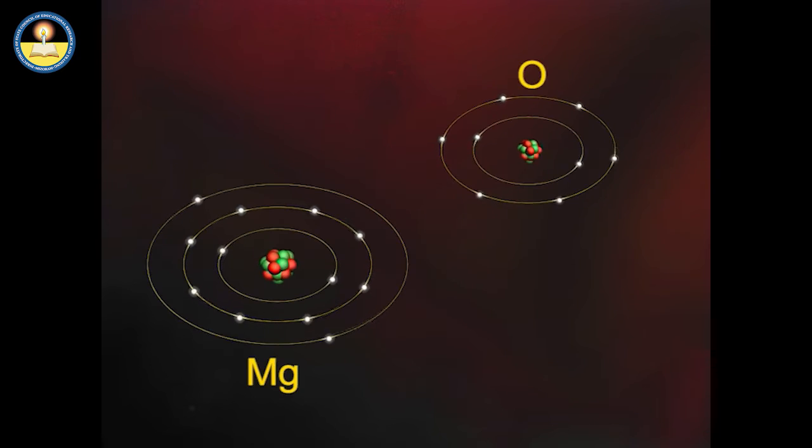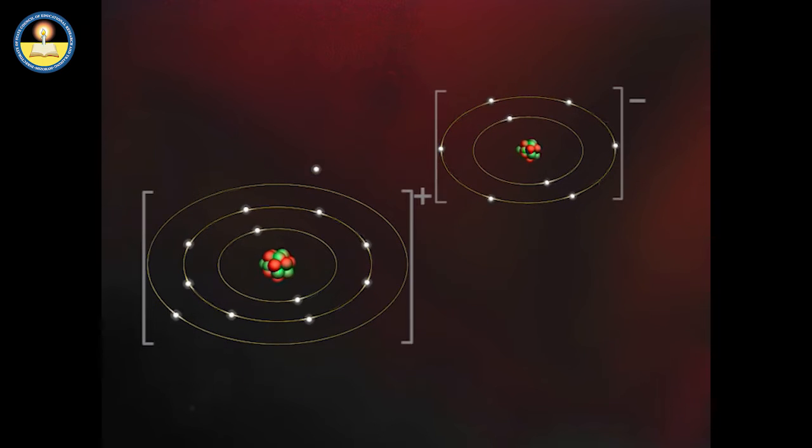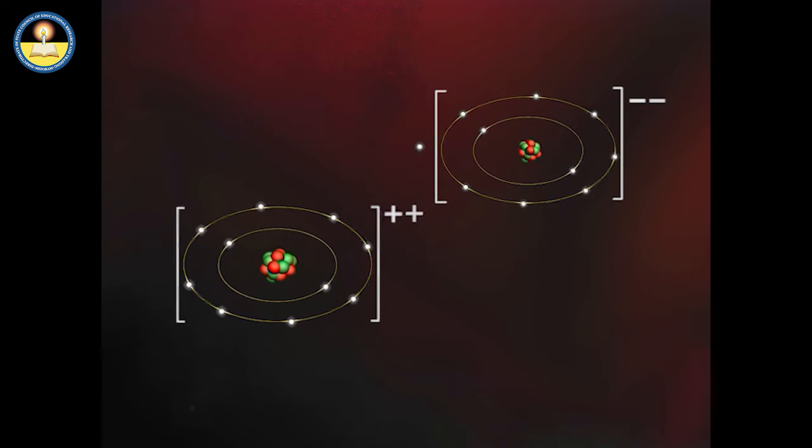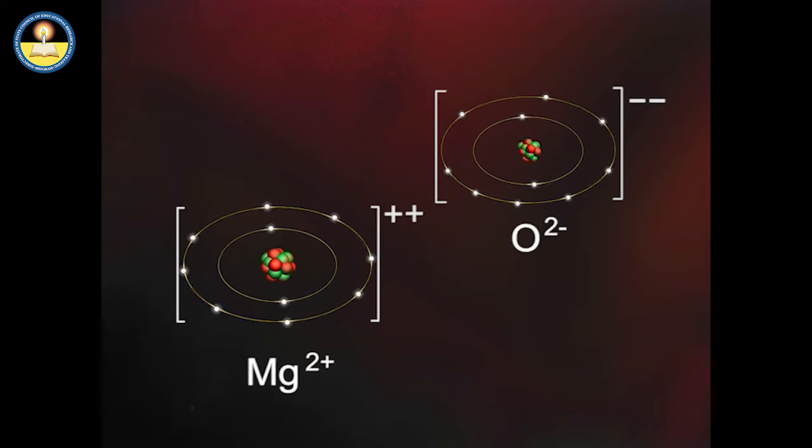Transfer of electrons from magnesium atom to oxygen atom. The 2 electrons lost by the neutral magnesium atom in forming one magnesium ion have been taken up by one neutral oxygen atom to form an oxide ion.